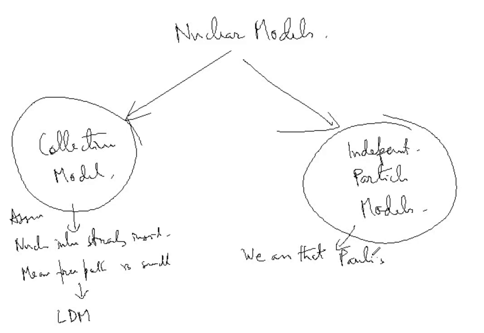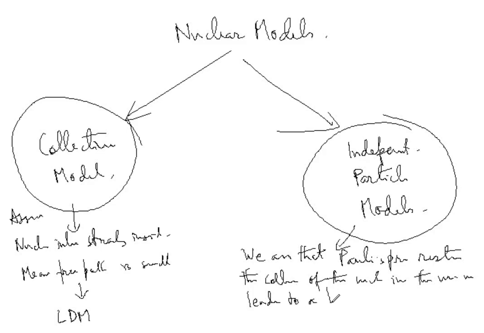So here we assume that Pauli's principle restricts the collisions of the nucleons inside the nuclear matter, leading to a larger mean free path. Several forms of shell model belong to this class.